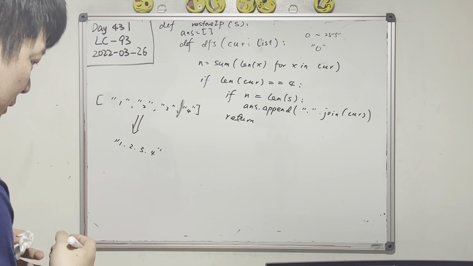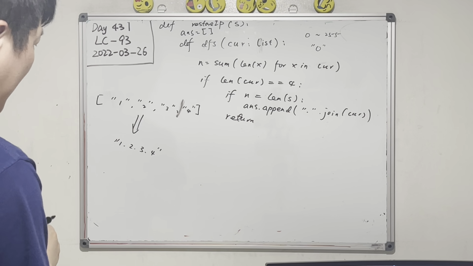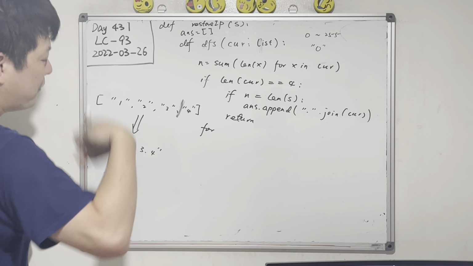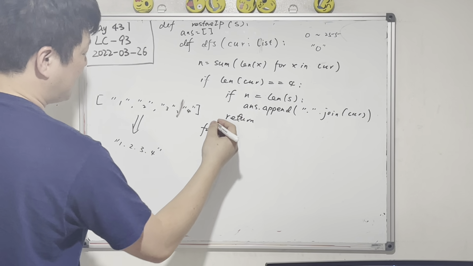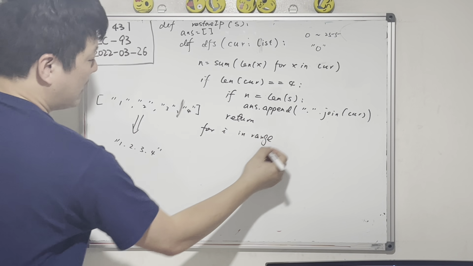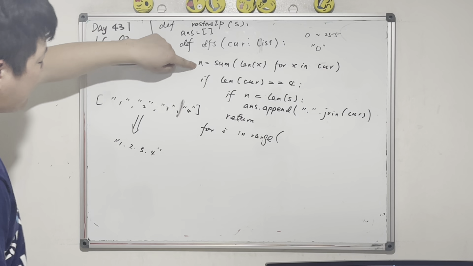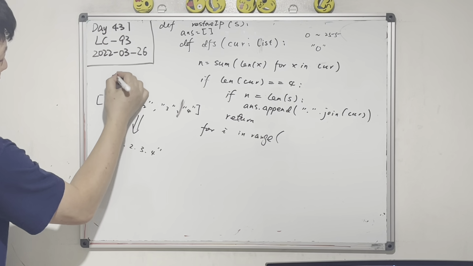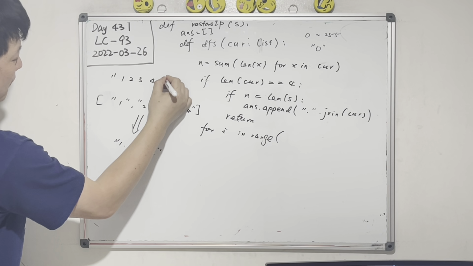We can just skip. And then now we just have to look for the next digit. So the next digit will be for i in range. Now we have the nth digit from the string. So the string could be 1 2 3 4 5 6.